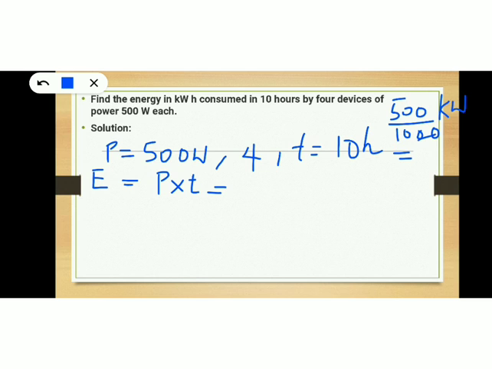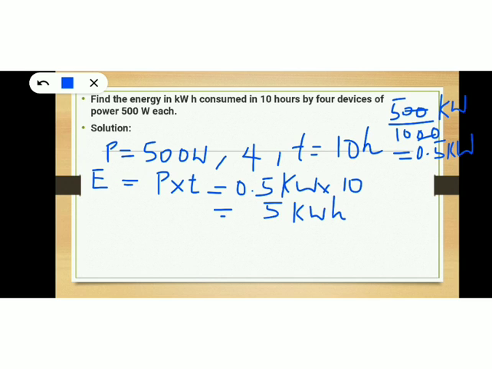So we will get 0.5 kilowatt. Okay, so here for power substitute 0.5 kilowatt, time is 10 hour, then you will get 5 kilowatt hour. So energy is 5 kilowatt hour, and this is the energy consumed by one device.